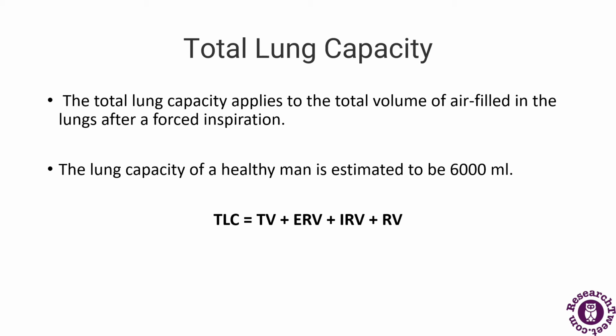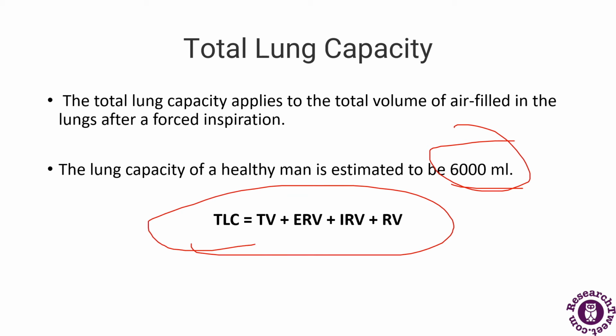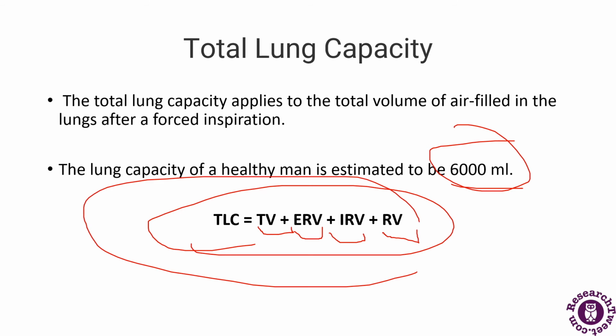The lung capacity of an estimated healthy man is about 6000 ml. It can be depicted as tidal volume, expiratory reserve volume, inspiratory reserve volume, and residual volume. It is the sum total of these volumes, so this is the formula for the total lung capacity.